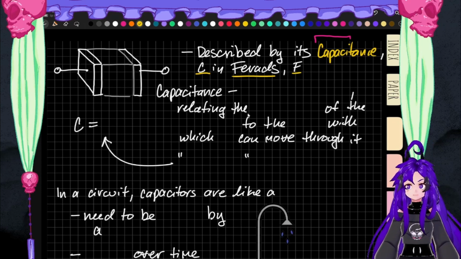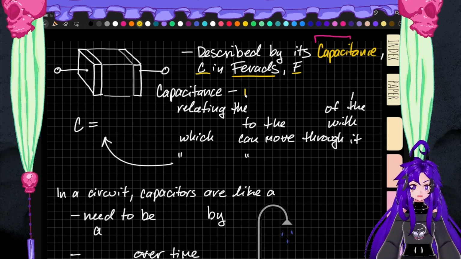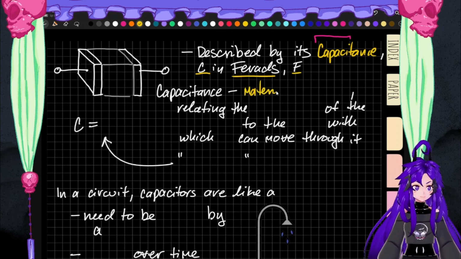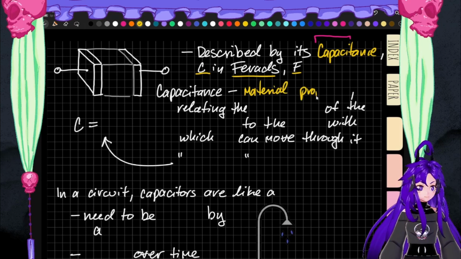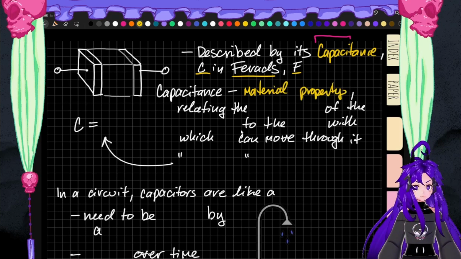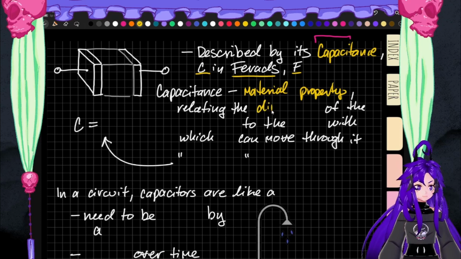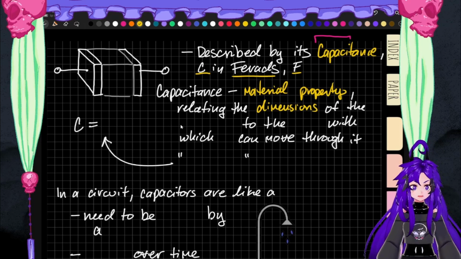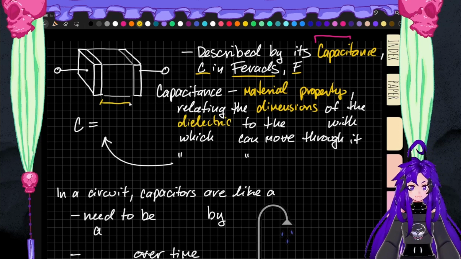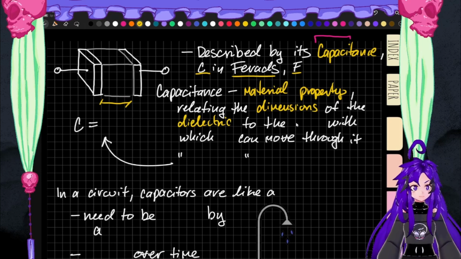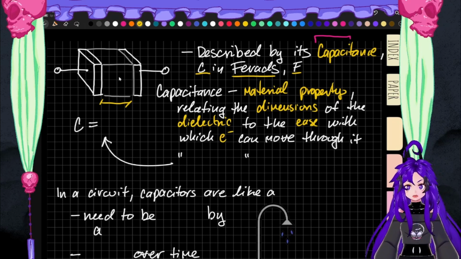So, capacitance is a material property relating the dimensions of the dielectric, so this section, to the ease with which electrons can move through it. So this dielectric is a specific material.